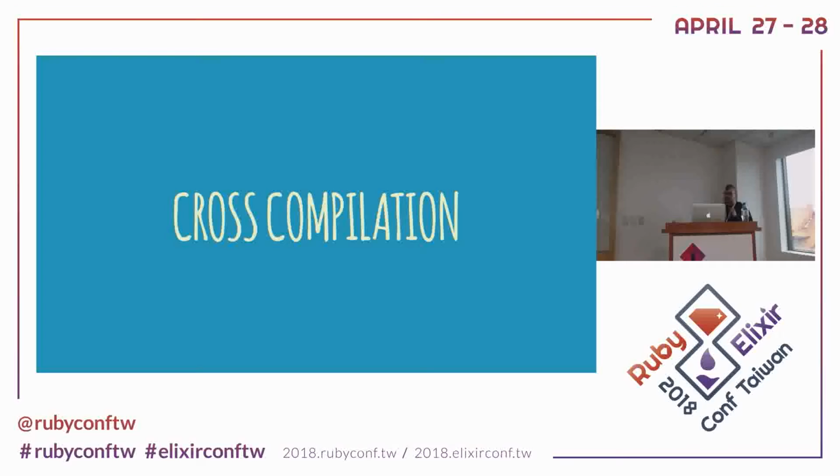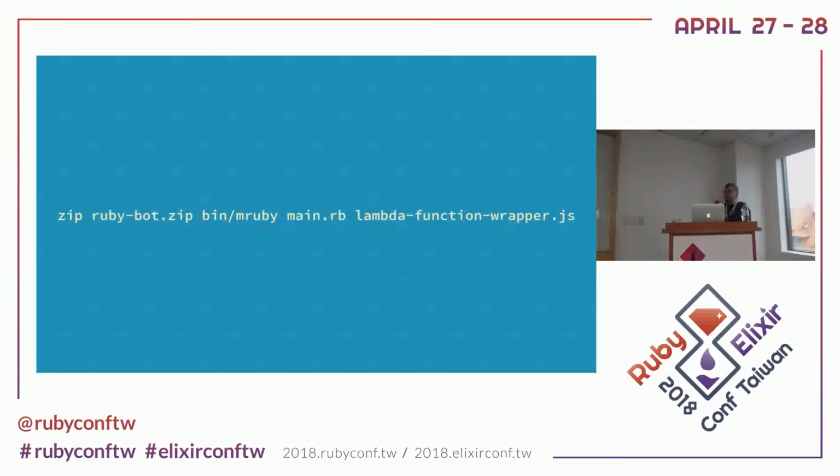I just ported it to a Linux machine and recompiled it there, and that's it. The steps are really similar to traveling Ruby. You upload your runtime, your source file, and your JavaScript wrapper, and that's it. The remaining instructions for the bot are the same as for the bot we built with traveling Ruby.